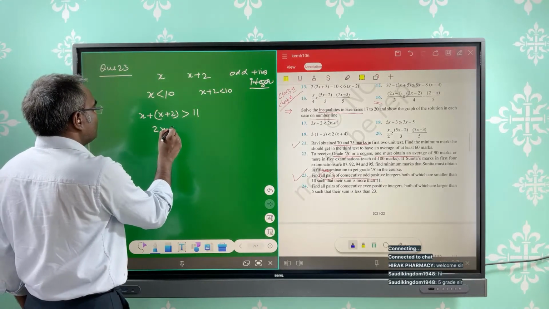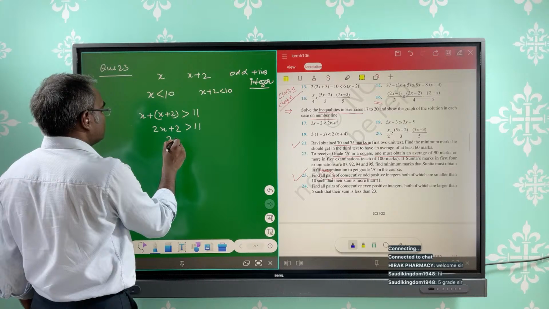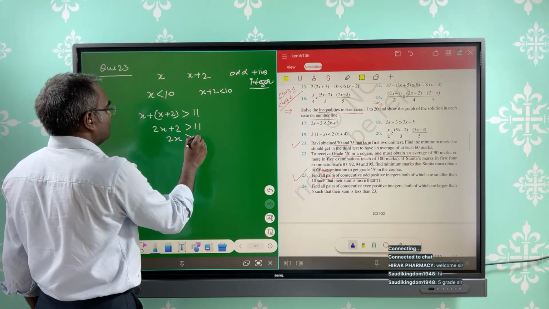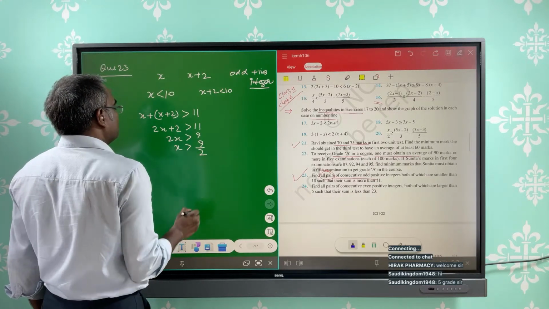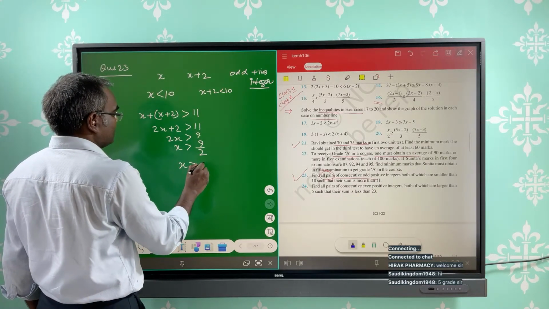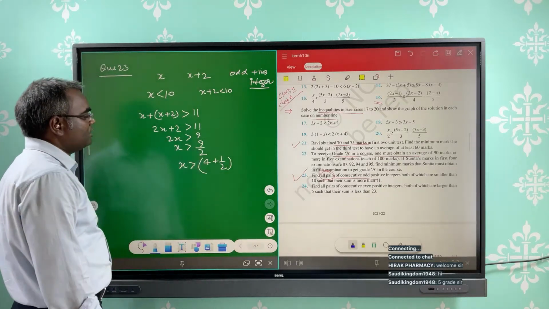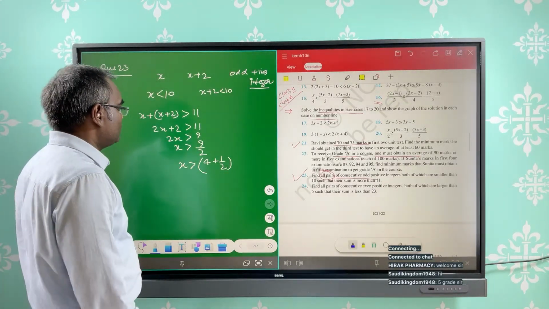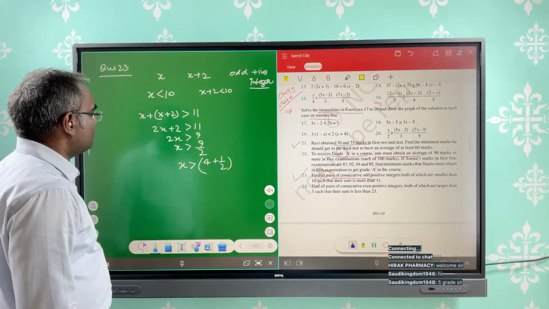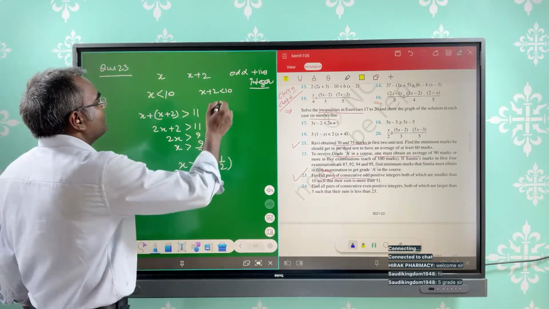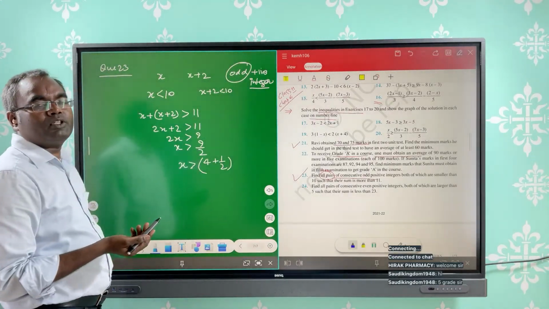So 2x plus 2 is greater than 11. So 2x is greater than 9. So x is greater than 9 upon 2. That means x is greater than 4 plus 1 by 2. Since it is an integer, we leave the fraction part. The number should be odd and more than 4 plus 1 by 2.